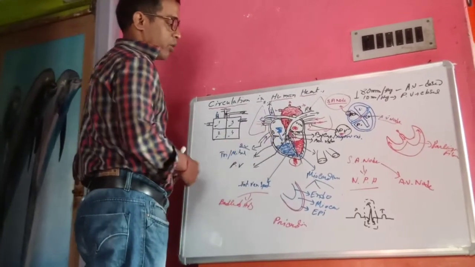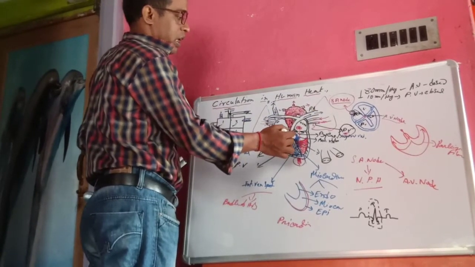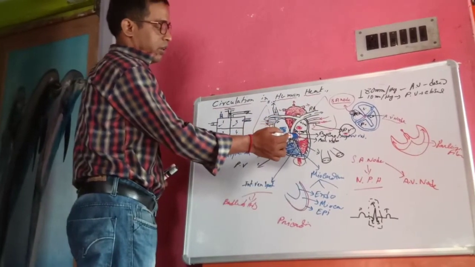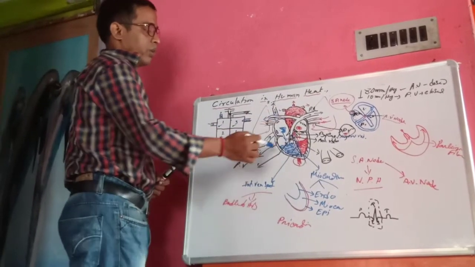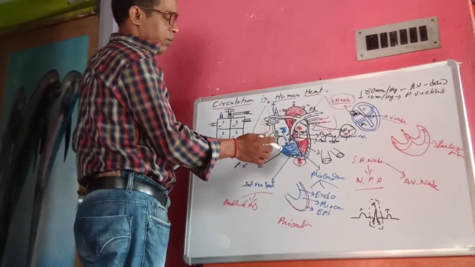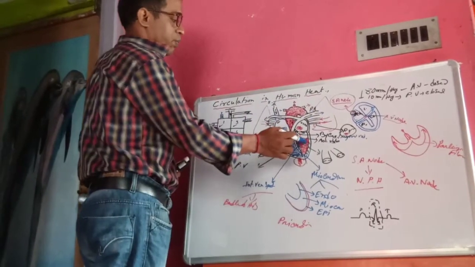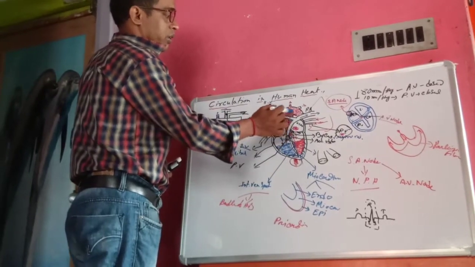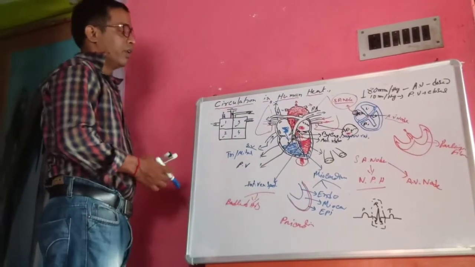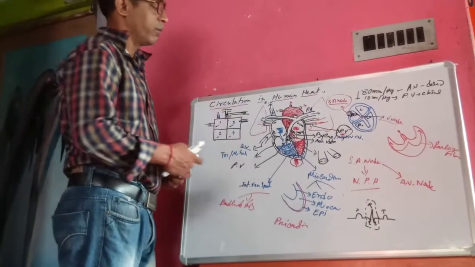One is the pulmonary artery and another is the aorta, the opening of the aorta. The impure blood goes to the lungs through the pulmonary artery and the pure blood goes to the aorta from this aortic line.